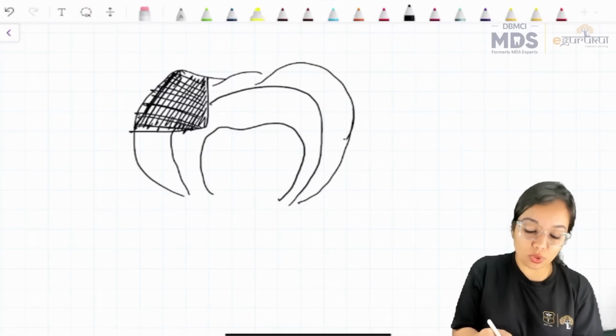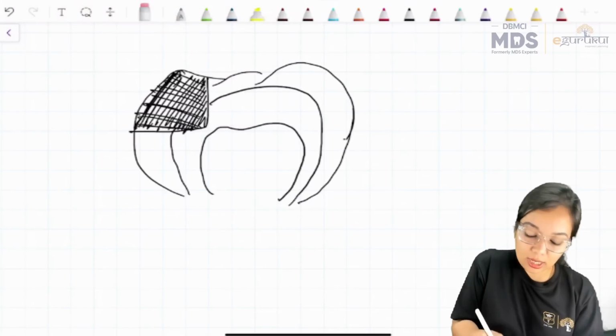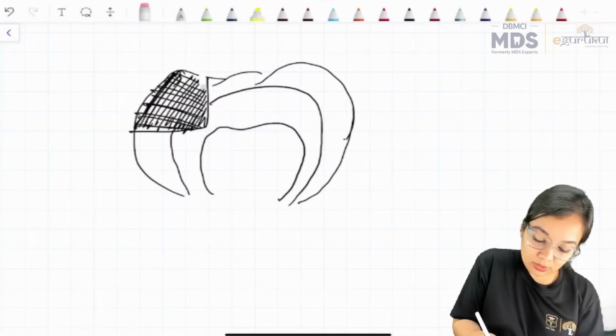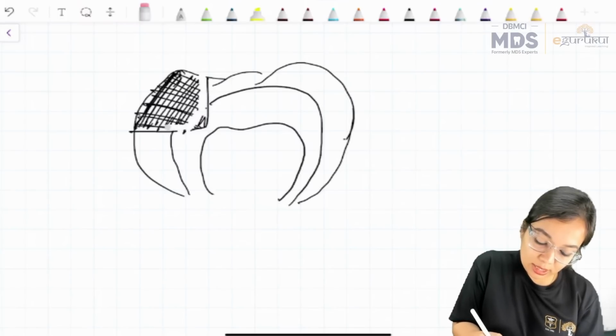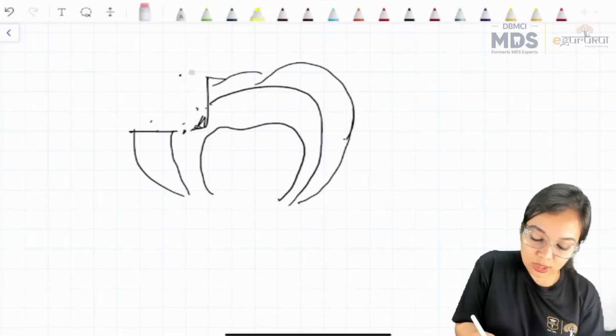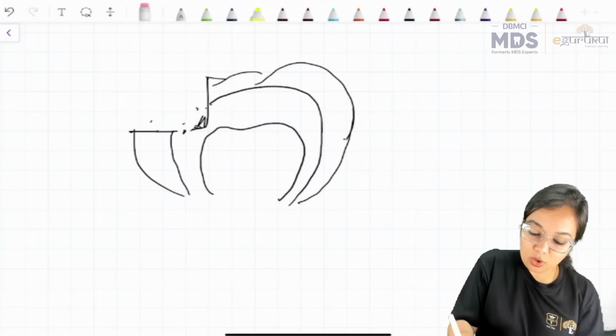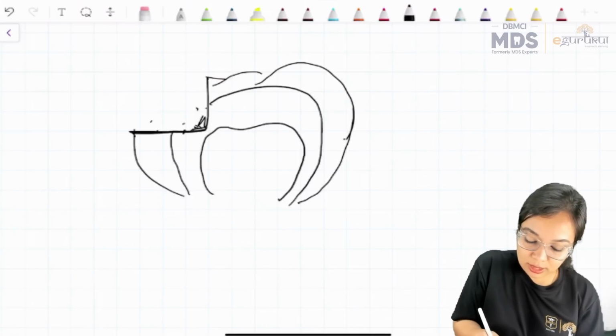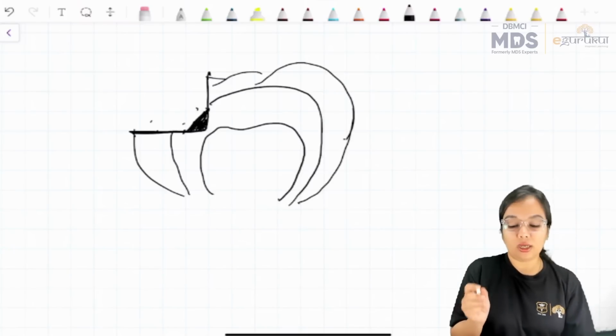You take an airotor and remove the caries. If you feel that going any deeper will damage the pulp, you remove it entirely here, but you keep this much of the carious dentine over there.